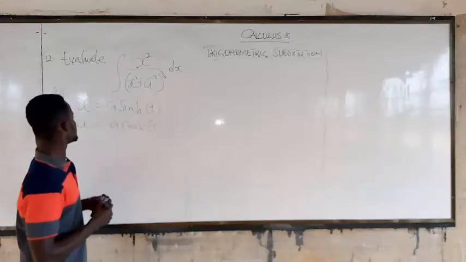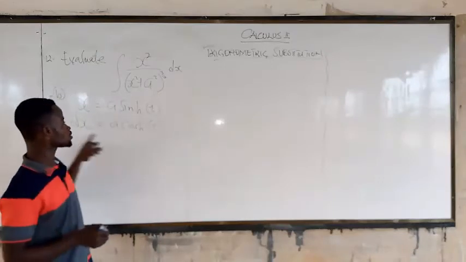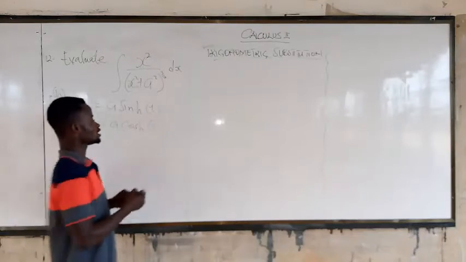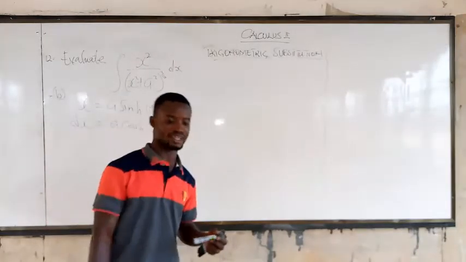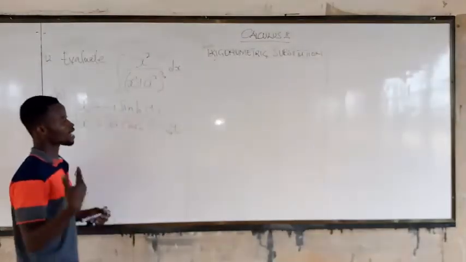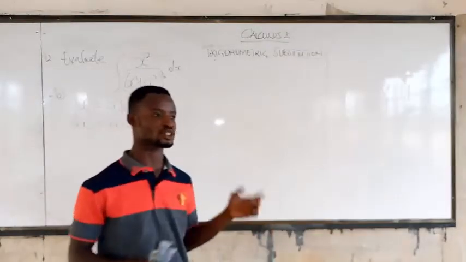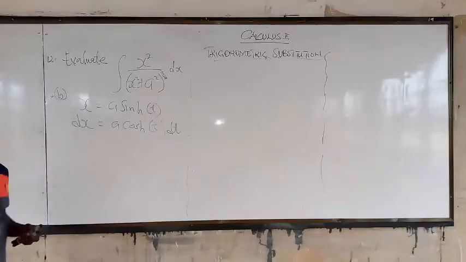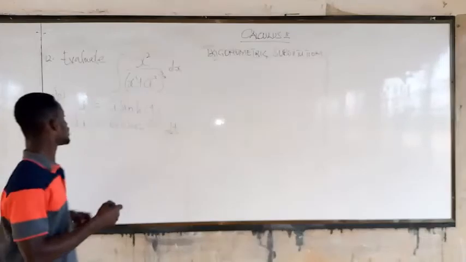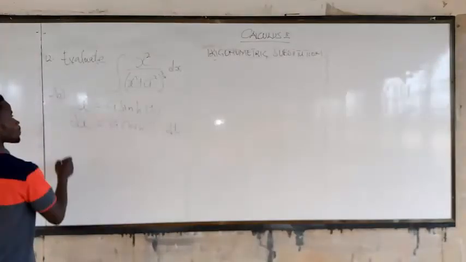But we are differentiating with respect to t, so a cosh t dt. Why not theta? Because the argument for the substitution is not the same as this. You need to take note of it. Don't be using theta here.